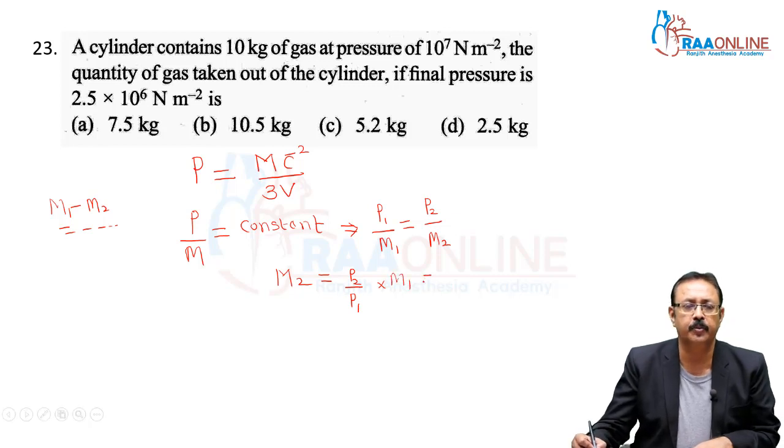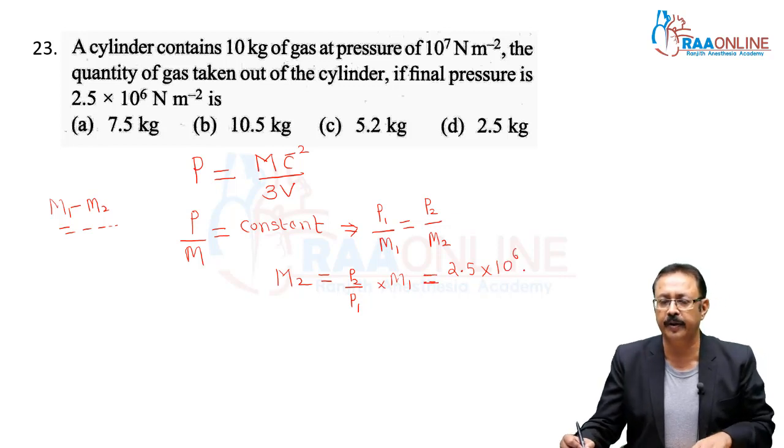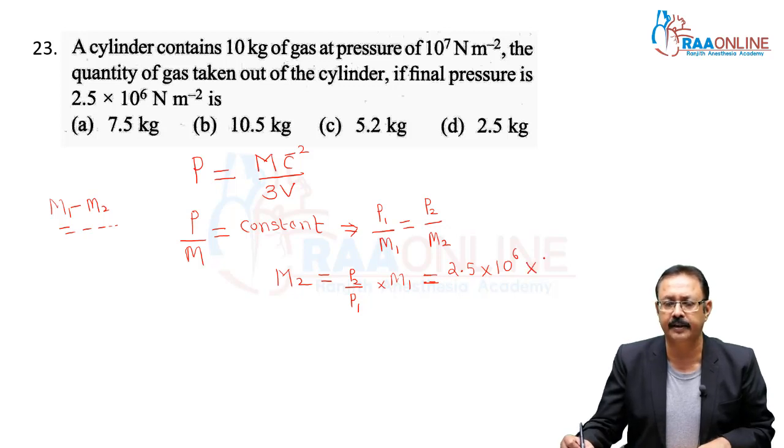What is P2? 2.5 into 10 to the power 6. All physical quantities are given in SI units, so no need to worry about units. M1 was 10 kg. Initial pressure was 10 to the power 7. Cancel this 10 to the power 7 with this 10 to the power 7.